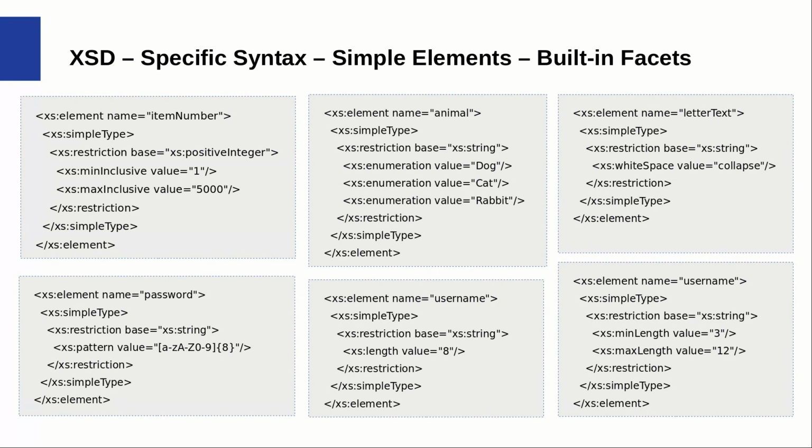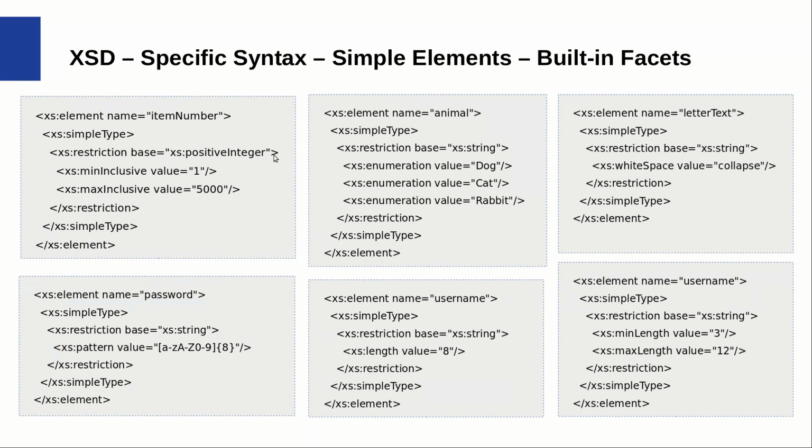The first is an item number element, and here, as we've said a lot of times before, instead of using the type attribute, we define the type as an extended form, nested inside the element, using the xs:simpleType, and then xs:restriction, using the base attribute of the restriction for setting a built-in type.